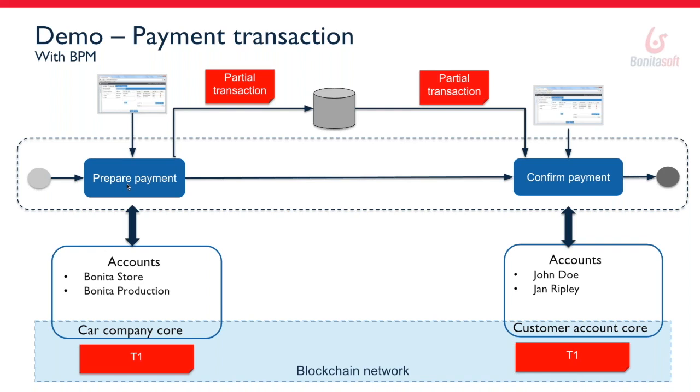It will get the partial transaction information, and using that partial transaction, we will have another task where another user will be able to review it, enter more information, and submit the task. Then we will have another connector that will use the information from the partial transaction and the information received from the user to finalize the transaction.